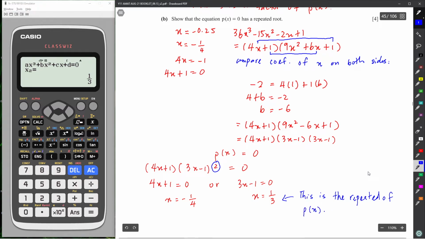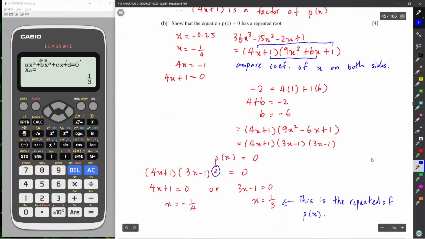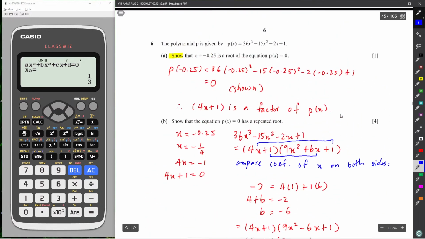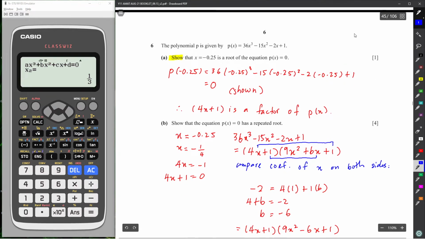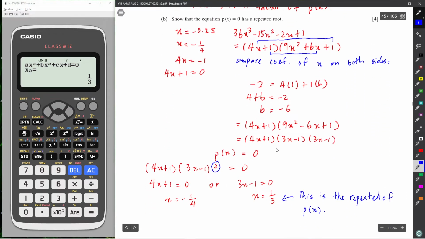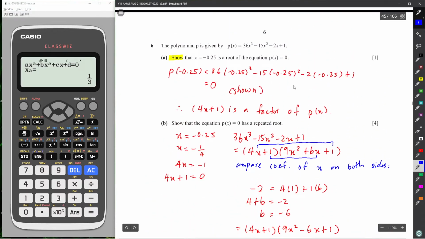Alright, so we're done for this question. So now let's check with our marking scheme and see how many marks we will get for this question by giving this working that I've shown here.